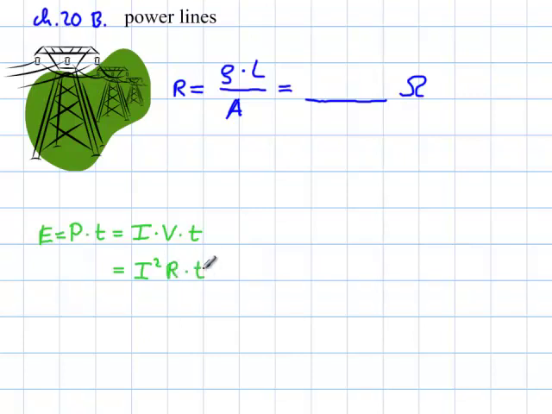And since in the power lines we like to use up as little power or energy as possible, of course the resistance should be small. One way of achieving that is make pretty thick power lines.